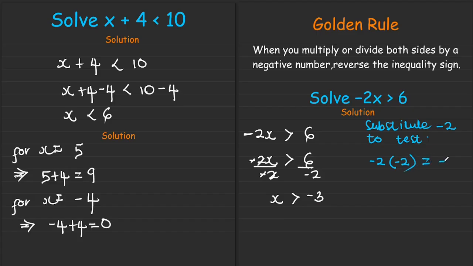What are we going to get? We are getting a negative 4. A negative 4 is certainly not greater than 6. That makes it wrong. So what this rule is saying is, so far as we have divided by a negative number, so either division or multiplication, then what we need to do is to reverse the inequality sign, so that instead of greater than, because there is a division by negative, we are going to change the inequality sign to less than.